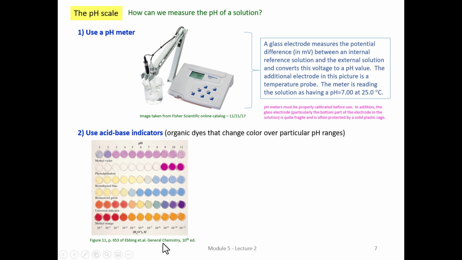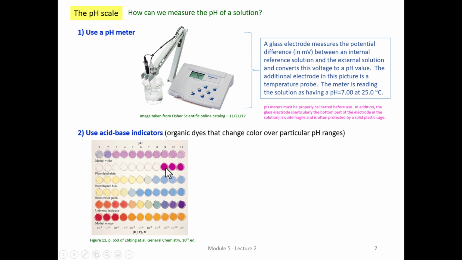And what we have here are different organic dyes and what color they are at different pHs. So for example, a common dye that's used in high school and junior high labs is phenolphthalein, which actually stays colorless in acid solution and actually at pH 7 and 8, but suddenly turns to a dark pink color at pH 9 and above.